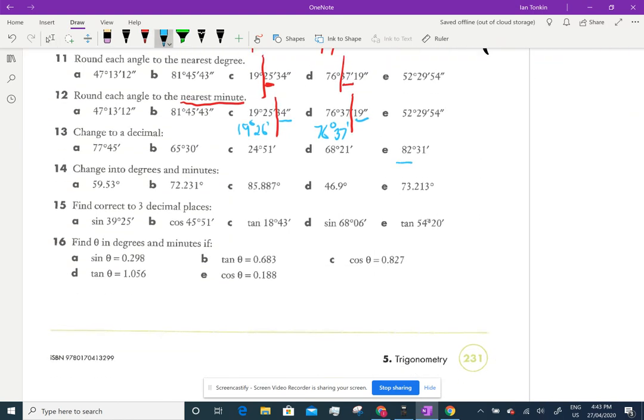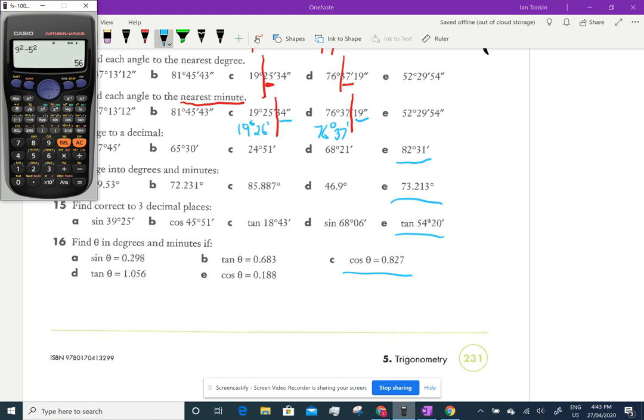To change these to decimals, you just have to use your calculator, and you've got to be able to do it. So I'm just going to do these last four very quickly, and make sure that you can use your calculator for these. I'll get my calculator up. To change those to a decimal, I'll just go 83 degrees and I hit my bubble button, 31 minutes, and I hit my bubble button again.